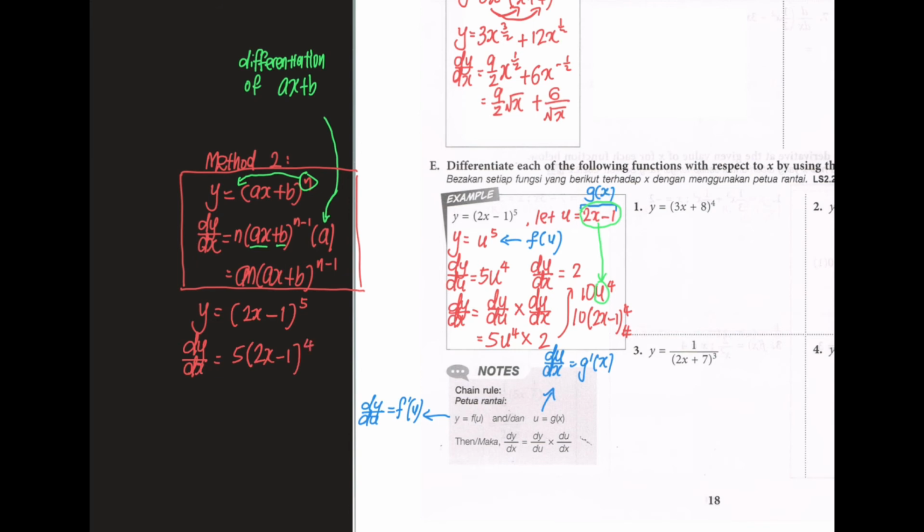The power 5 becomes power 4. And then I still need to differentiate whatever is in the bracket. I have 2x and minus 1. Differentiate 2x, I get 2. Differentiate minus 1, I get 0. So I have only 2 that remains after differentiation of the thing in the bracket. And then 5 times 2, I get 10.